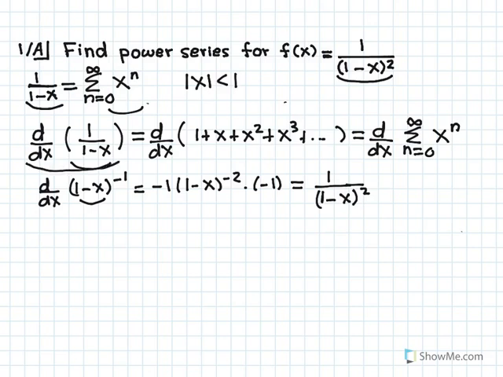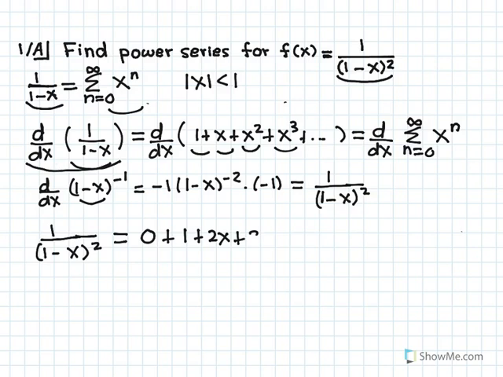So differentiate 1 over 1 minus x, and we get 1 over (1 minus x) squared, and this is the function for which we want to find its power series representation. So differentiate term by term. The derivative of 1 is 0, derivative of x is 1, derivative of x squared is 2x, applying the power rule, derivative of x cubed is 3x squared, and so on. Now differentiate the summation.